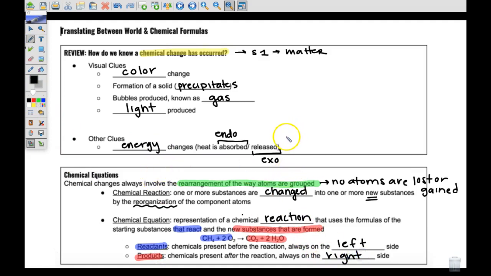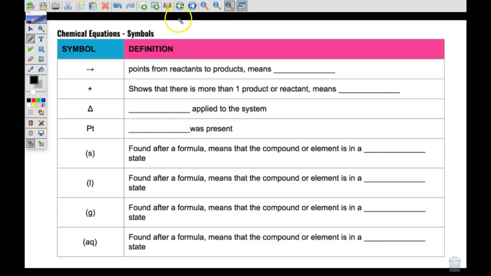But when we write chemical equations, whether it's in word or formula versions, we have to be aware of additional symbolism that might occur. So when we see an arrow, it points from the reactants to the products. And the arrow acts as our dividing line between what we're starting with and what we're ending with.